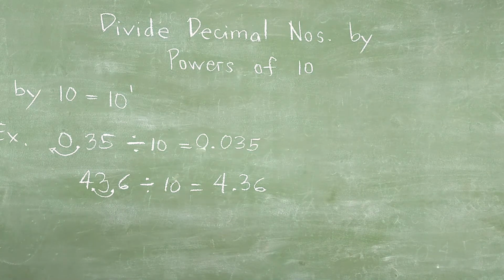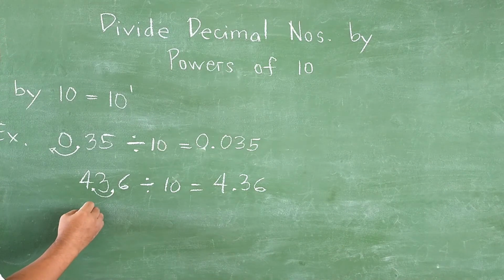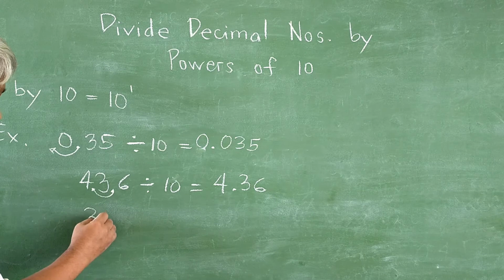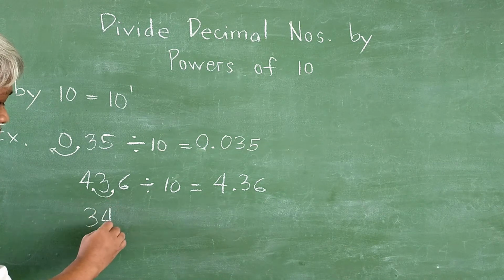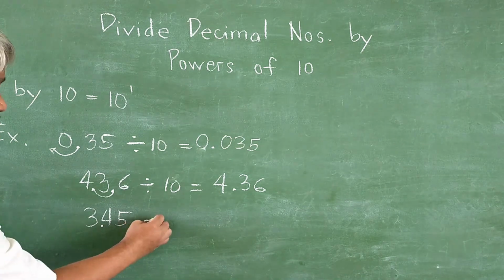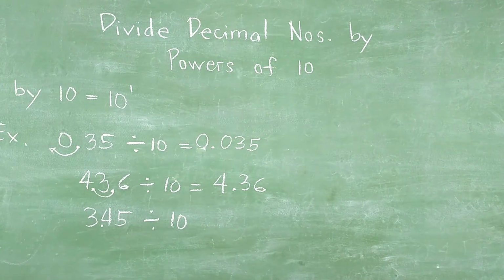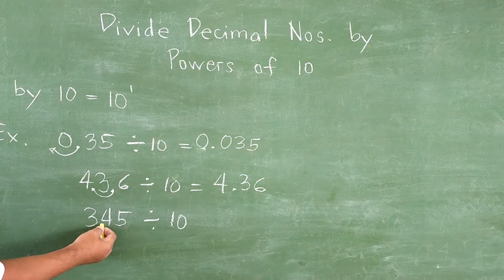Okay? Now, what if the given decimal number is 3.45, for instance, then divided by 10. What is the quotient? So, ano nga ang gagawin natin? Yun, imumove ang decimal point one place to the left.